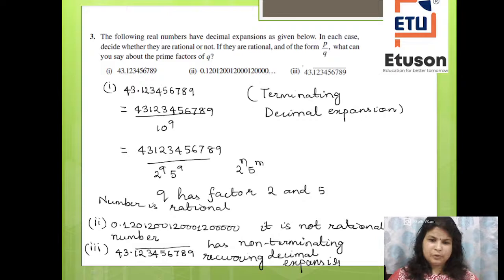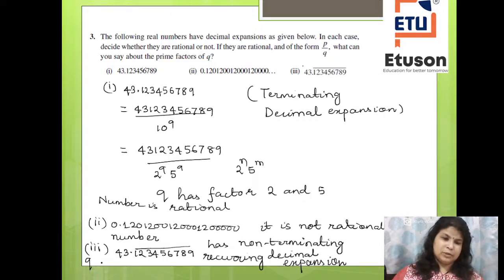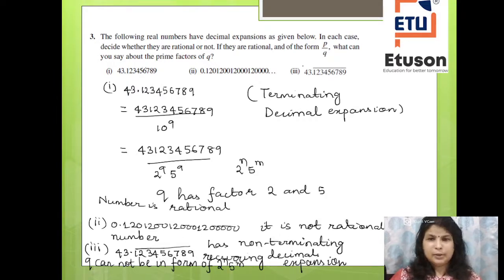What about q? q cannot be in the form of 2 to the power n into 5 to the power m. But the number is rational.